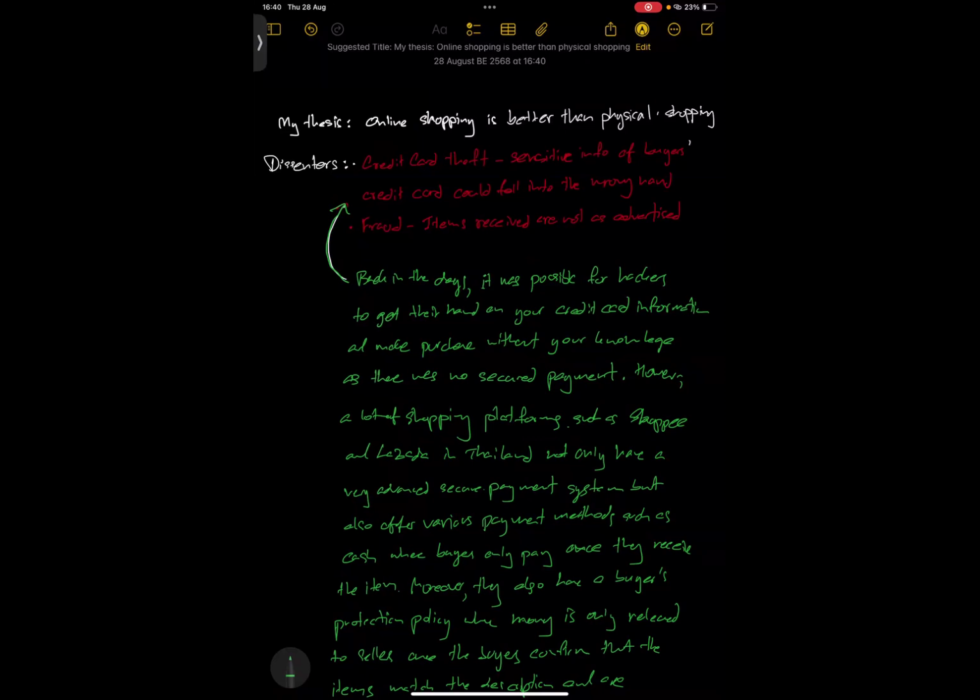It's more convenient because you don't have to leave your house, and you can buy from different vendors. So it gives you more opportunity to do shopping. You can buy stuff from many different locations across the country all in one day. But I'm not going to talk about those.